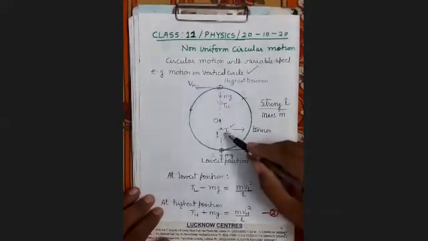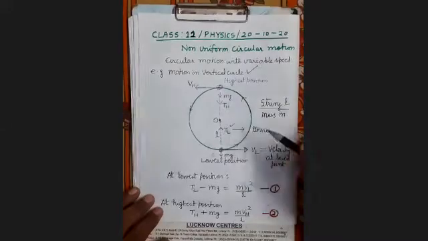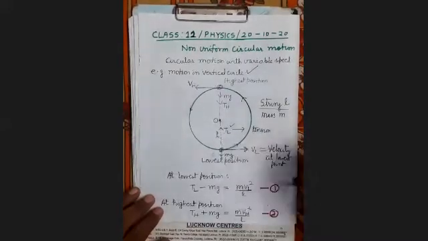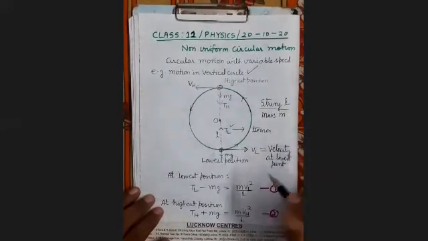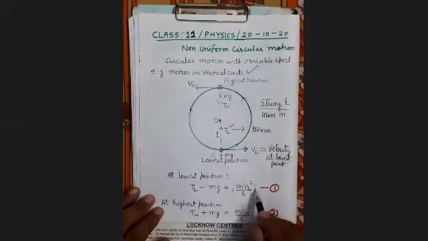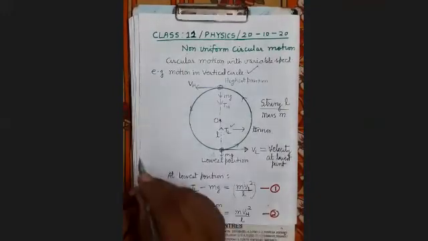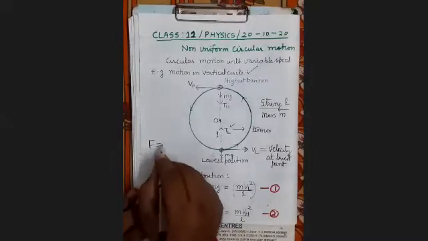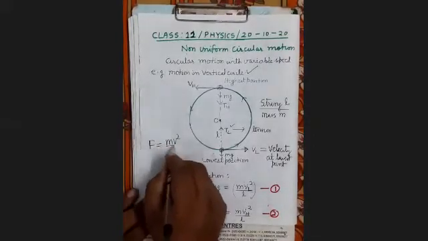So what will be their resultant? Their resultant will be TL minus mg. It will be equal to the centripetal force which is required. What is the formula of centripetal force? It is mv square upon r.